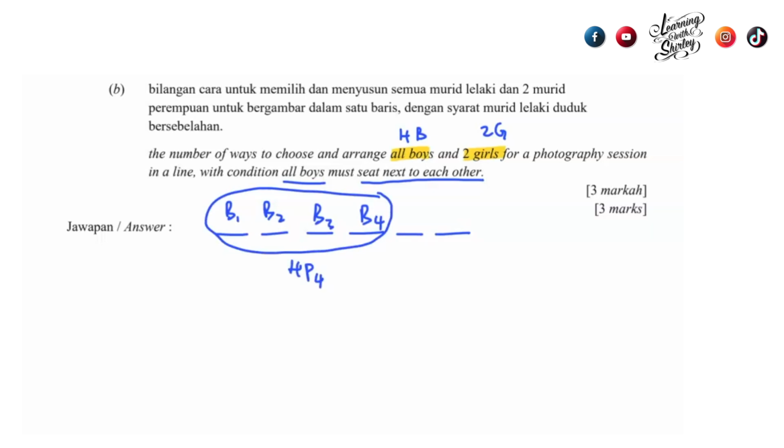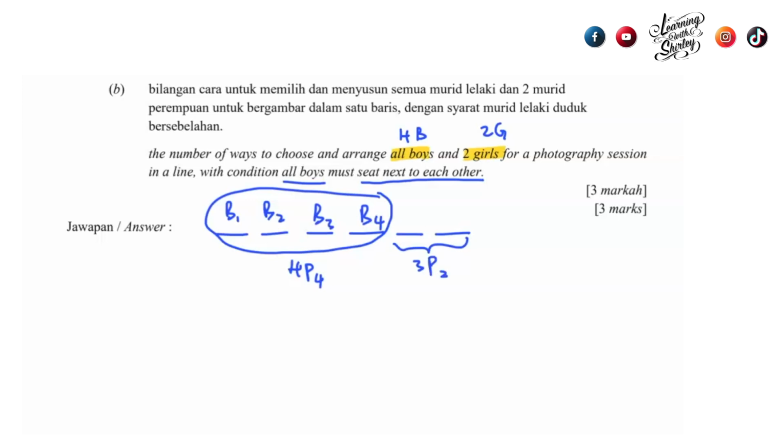That means they can jumble up like that: B2, B1, B3, B4, or B4 comes first, then B3, B2, B1. So the number of ways will be 4P4 if the 4 boys sit together. The remaining will be 2 girls, and there are only 2 seats left, so 3P2.